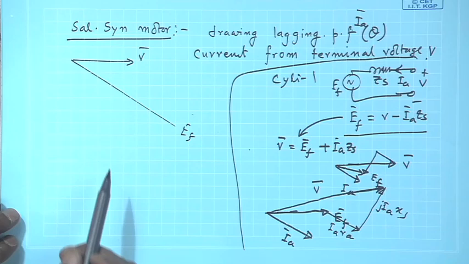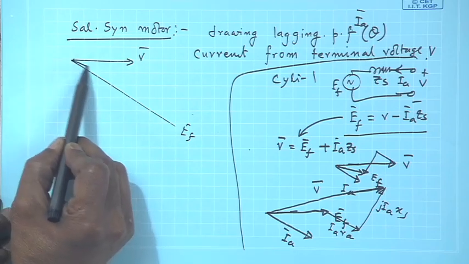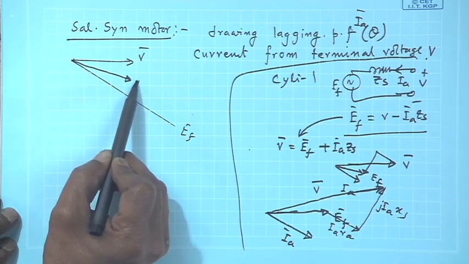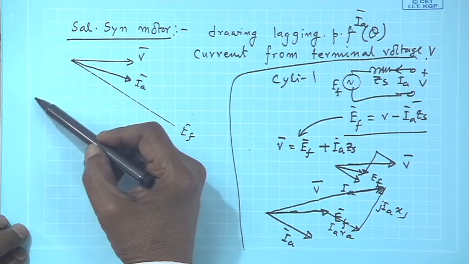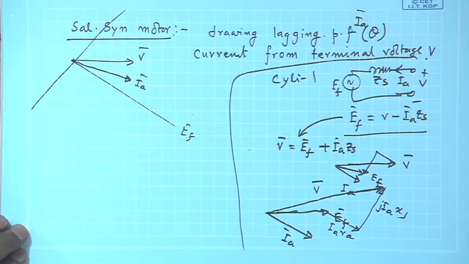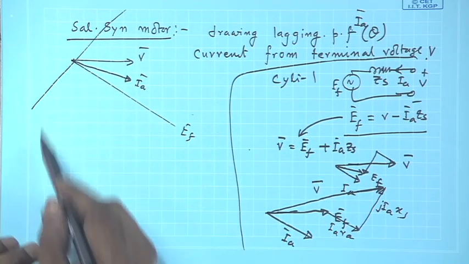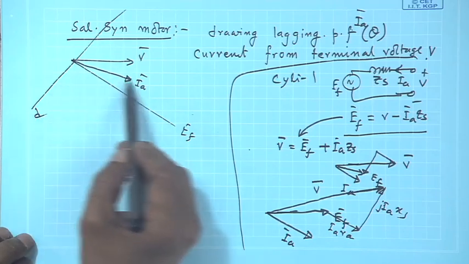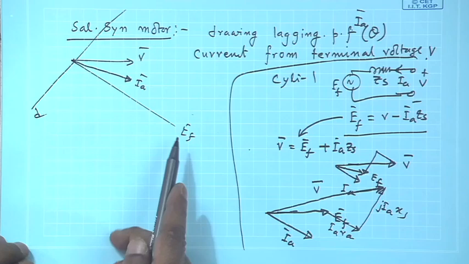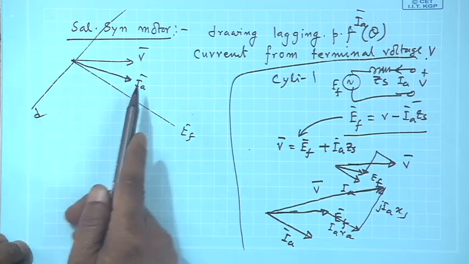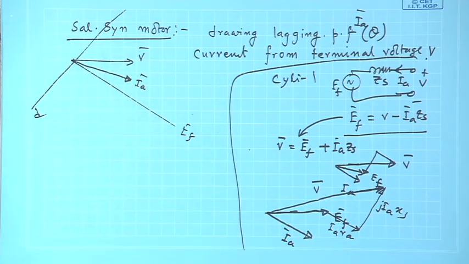What else is given? You are given I A, but it is a salient pole machine. Therefore, if this is q axis, I will find out d axis here like this, and then I will find out the components of I A in d and q axis, add to E F those drops and get the terminal voltage V.